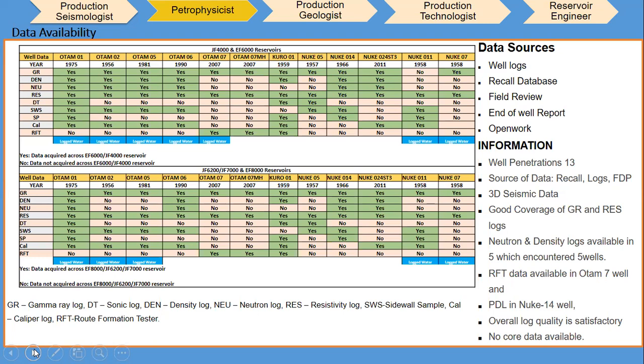Luckily for us, gamma ray is found in the majority of the reservoirs, and resistivity is also found there, which means we can first delineate if there is hydrocarbon there. So with this, in the E8 also more information was gotten. We have a PDL, production data log, also the RFT pressure data, and no core, but we have good satisfactory logs, even though they are limited.